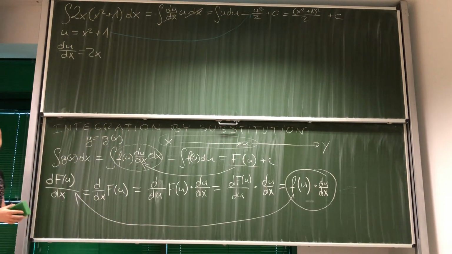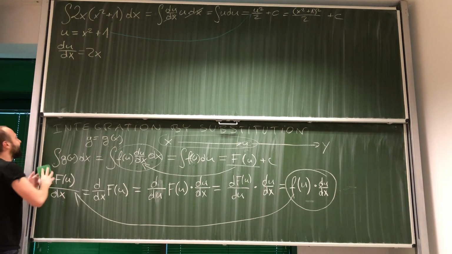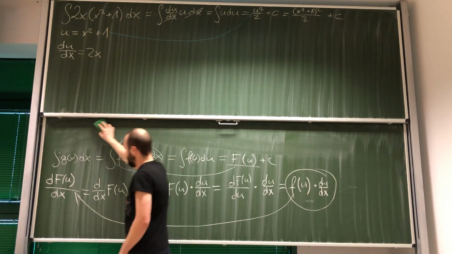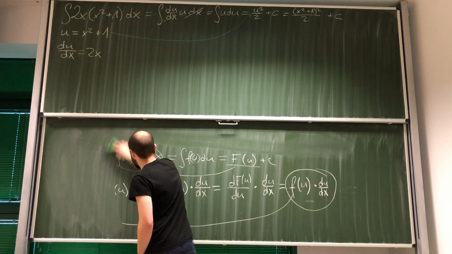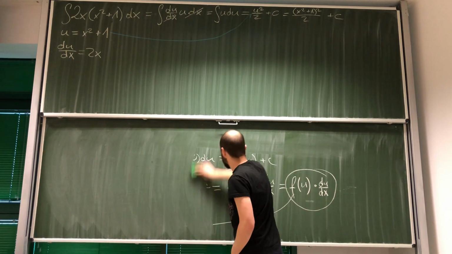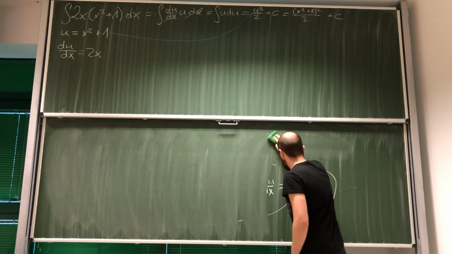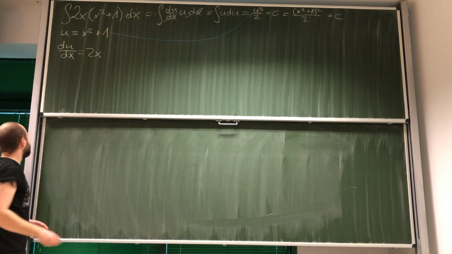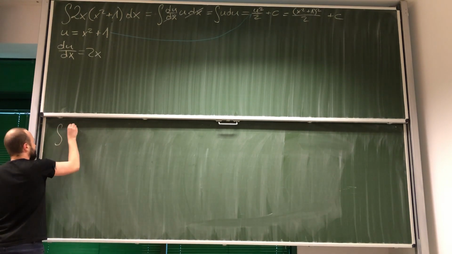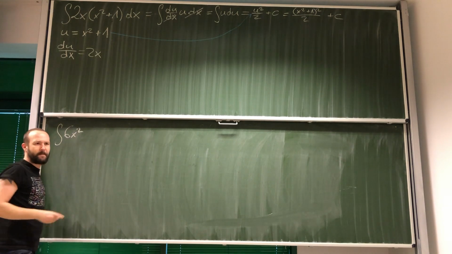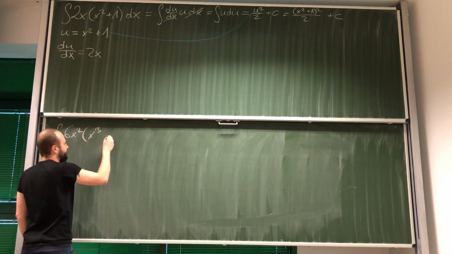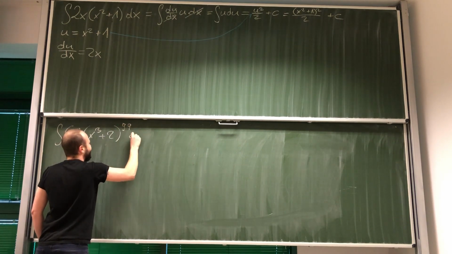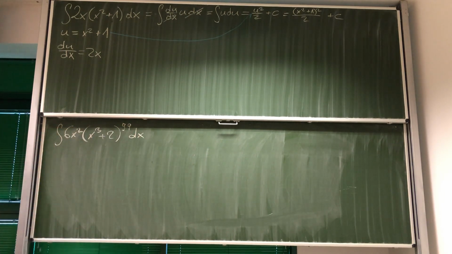So now let's move to a case that is slightly more involved, but not by much. Okay, and our example is the integral of 6x squared times x to the power 3 plus 2 to the power 99 dx.